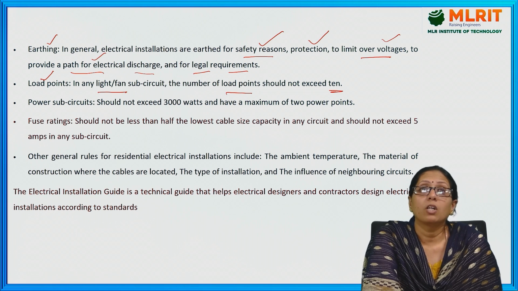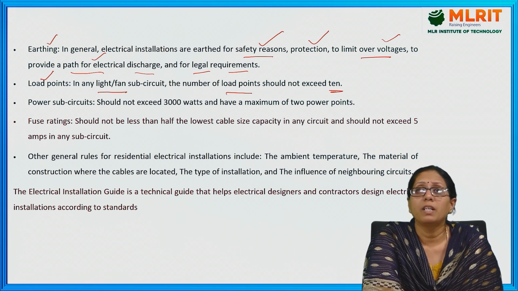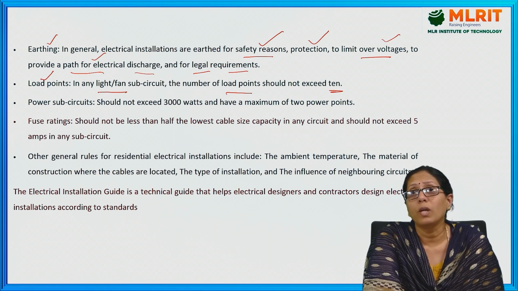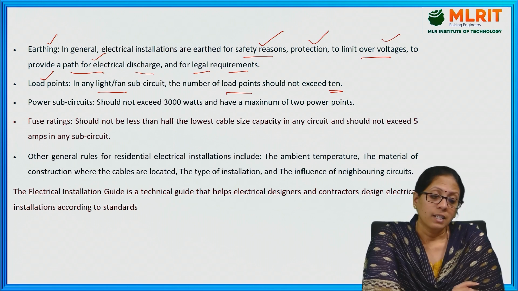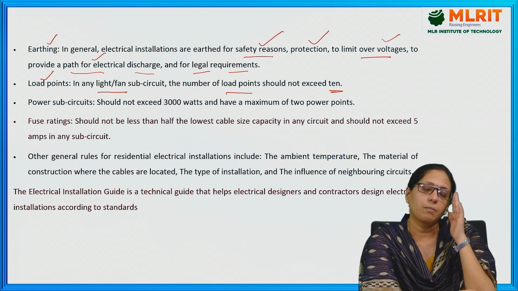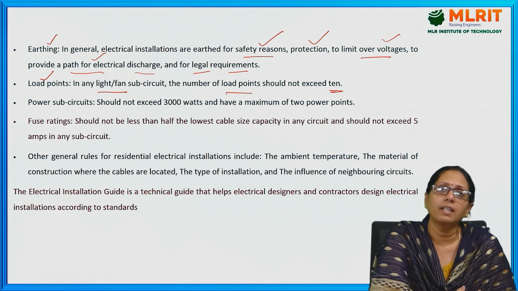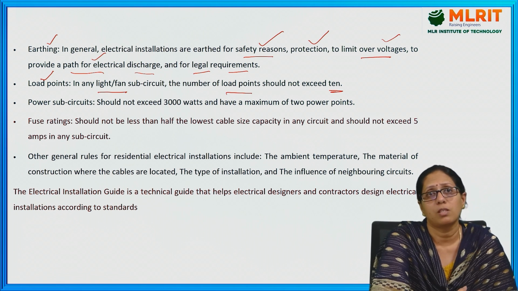So a particular sub-circuit can have a maximum of 10 electrical elements connected to it. The MCBs of this particular sub-circuit are again connected to the distribution main box.